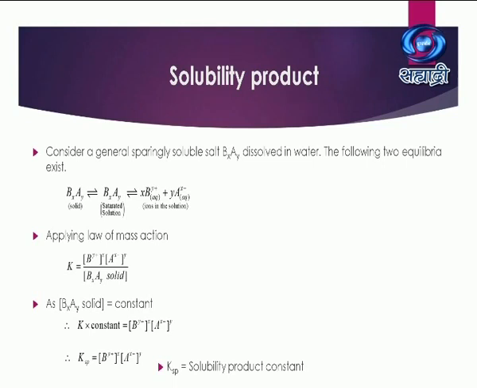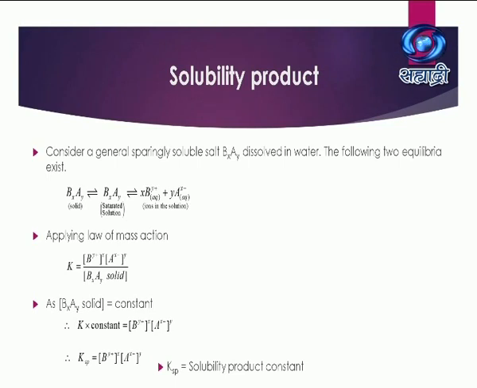These are ions in the solution. So if I apply the law of mass action, the equilibrium constant K is equal to the active mass of B^(y+) raised to x into the active mass of A^(x-) raised to y upon the active mass of BxAy solid.